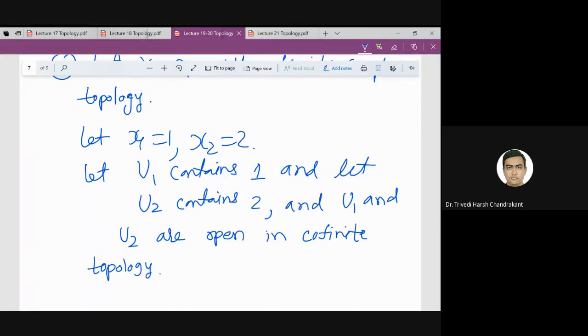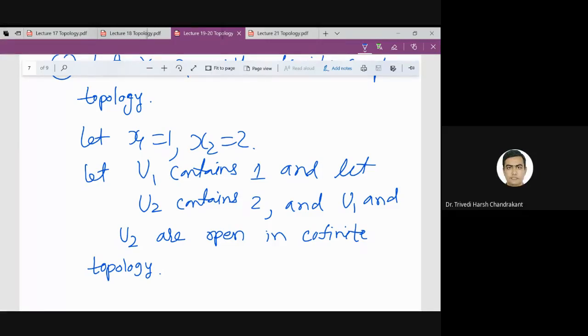So what is the meaning of that? U1 and U2 being open means their complement is either finite or the whole set R.